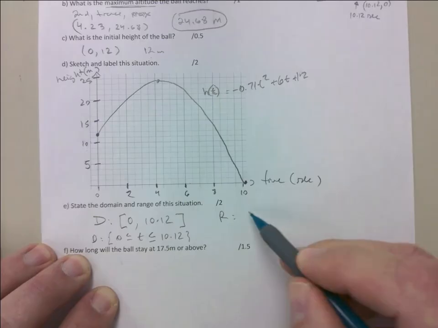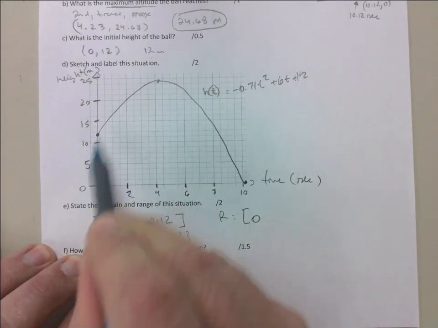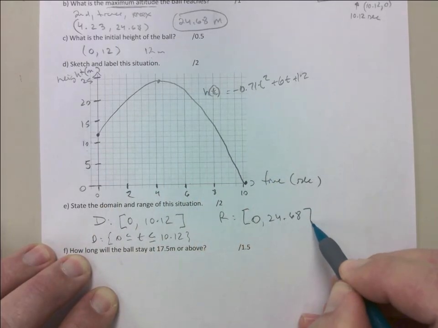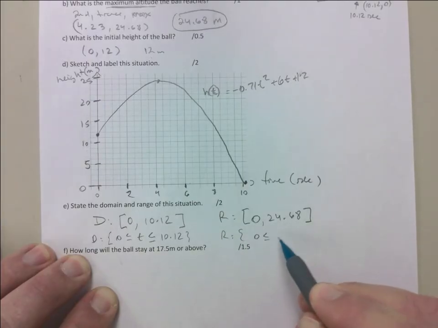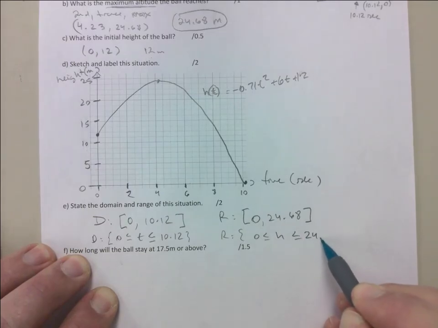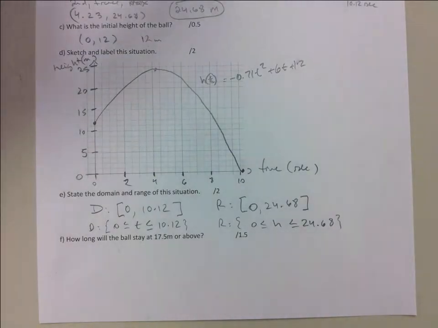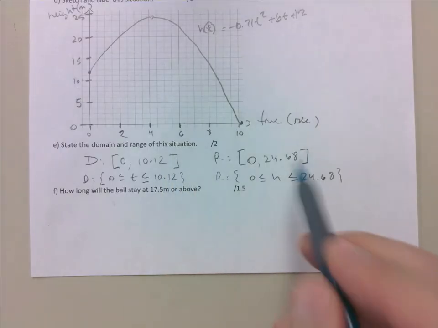For range, you go all the way from 0, because it does hit the ground, all the way to 24.68. That is your range. If you chose to do set notation, it's 0, h, 24.68. Okay, that's how that one would work. So 1 mark for each, 1 mark for domain, 1 mark for range.